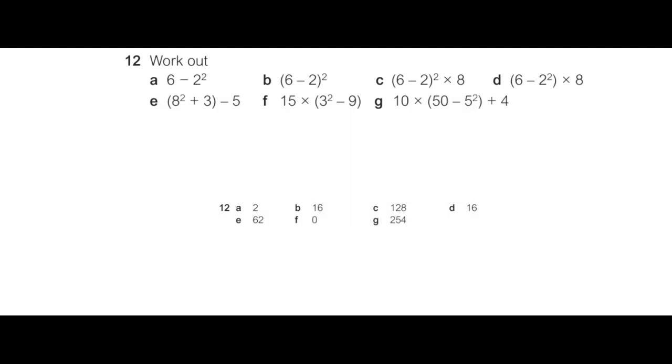So 12th A is 2, B is 16, C is 128, D is 16, E is 62, F is 0, and G is 254. So I hope you have developed an idea about square and square root of numbers.